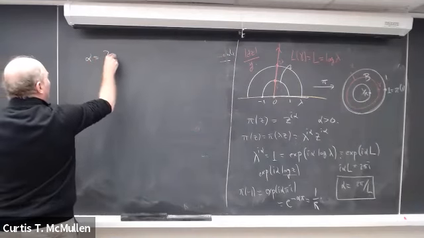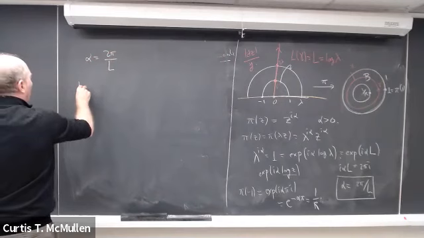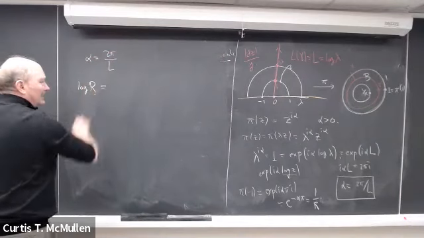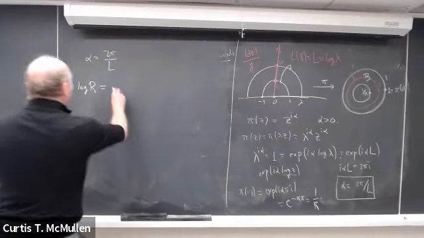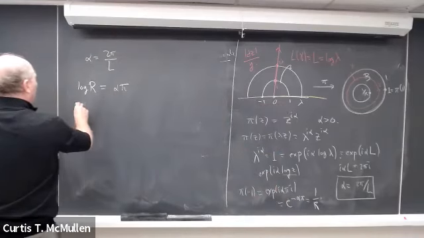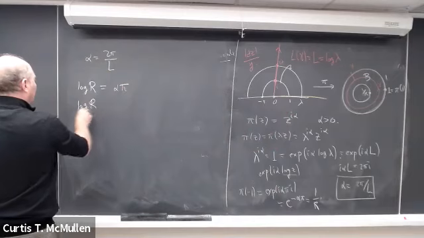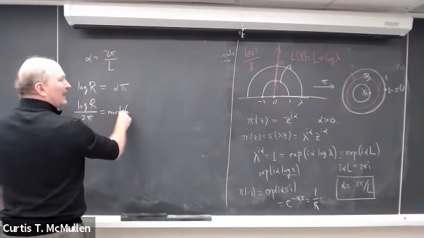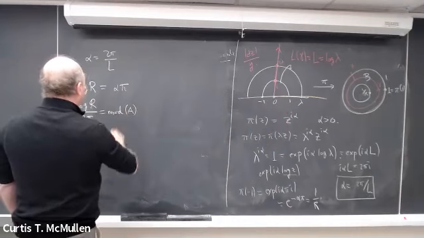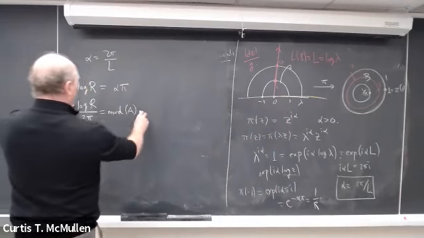So we get alpha equals 2 pi over L, and log r is equal to alpha pi. And so log r divided by 2 pi is the modulus of our annulus.